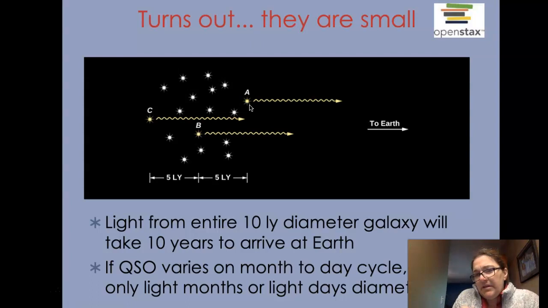Remember, it takes 8 minutes for light to get from the sun to us. So our solar system is only several light days across. So these quasars with luminosities of trillions of suns are only as big as our solar system. Wow.